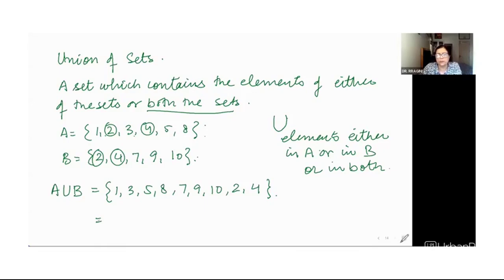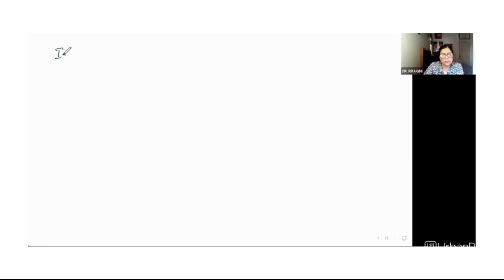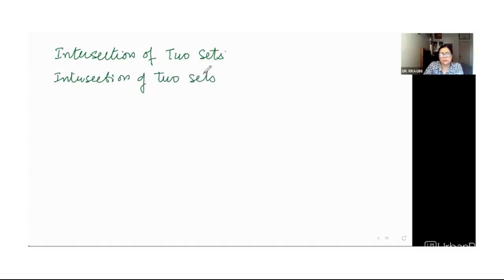Next is the intersection. Intersection of two sets is the set of elements common to both the sets.